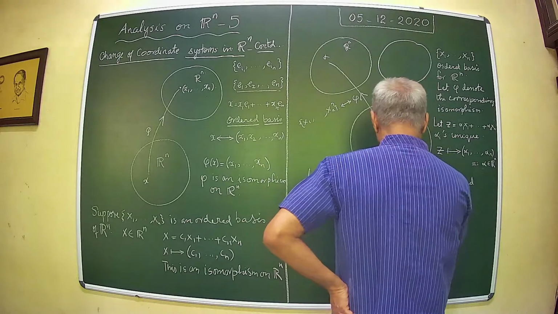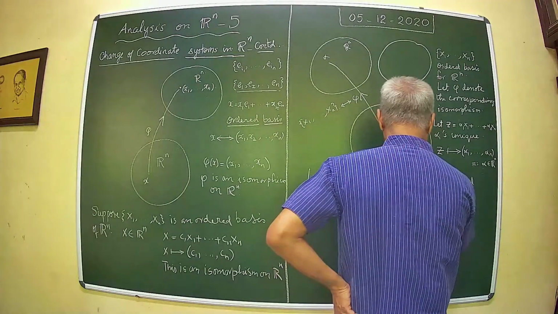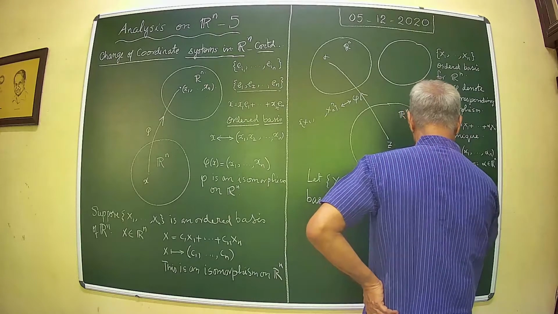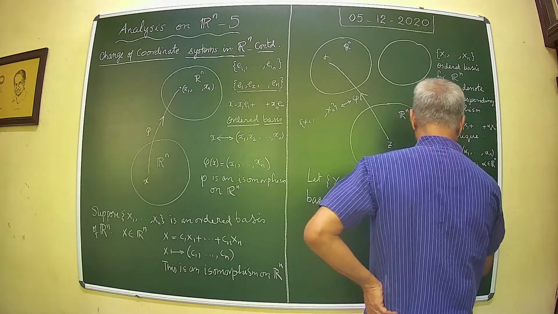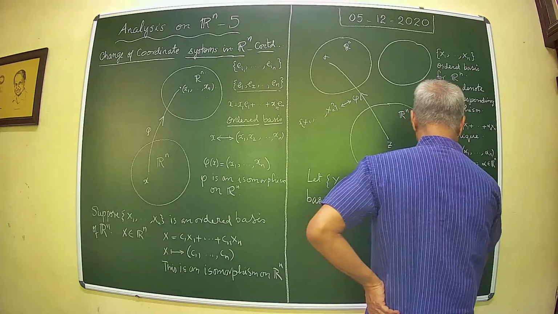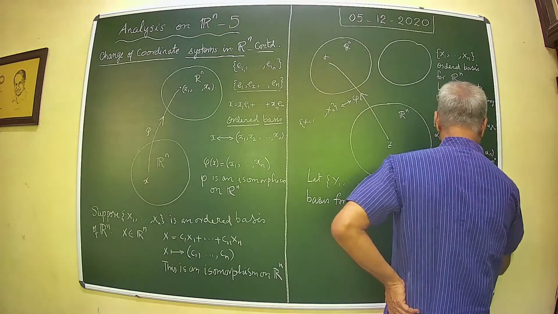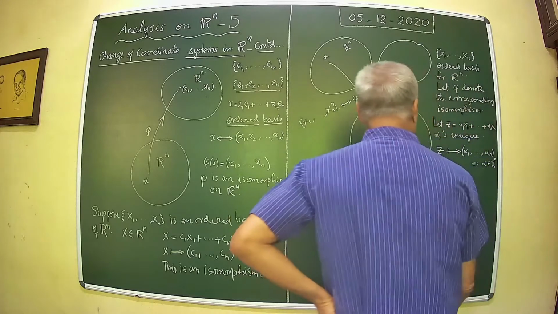Then z is equal to beta 1 y1 and so on up to beta n yn, where the beta i's are uniquely determined.